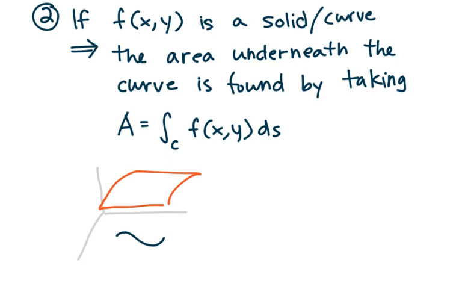And then potentially I have some surface. So there's my f of x y. Down here I've got my curve C. Essentially what we're doing is mapping that curve up to the surface.